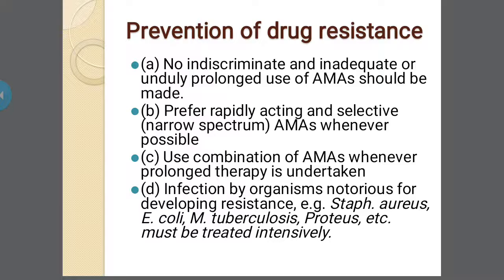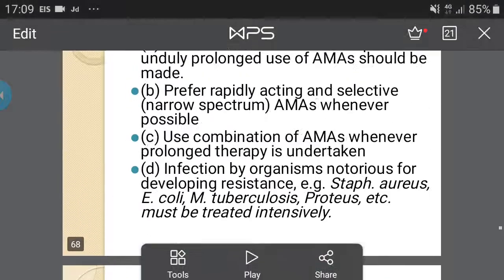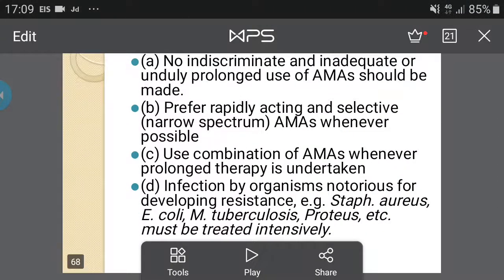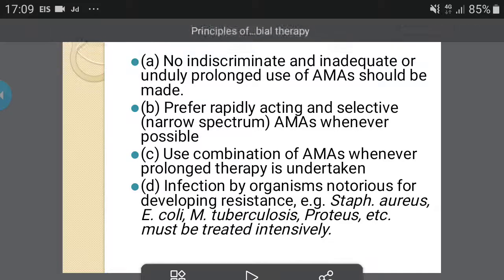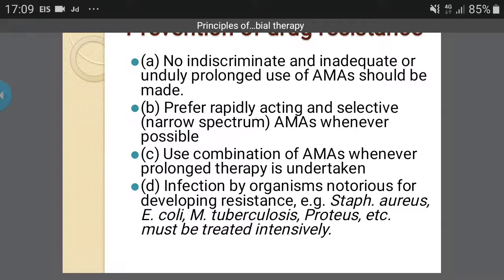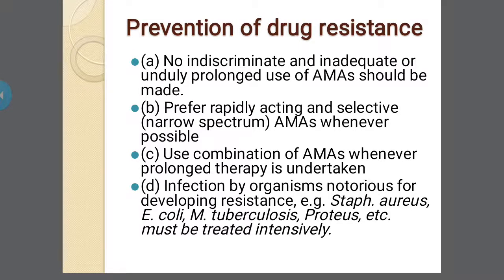So they must be treated with some special drugs, maybe with some combination, and maybe for a certain period of time. So remember this: no indiscriminate inadequate use. Prefer rapidly acting and selective use. Use combination of antimicrobial whenever prolonged therapy is undertaken, and infection by organisms notorious for developing resistance should be treated intensively.